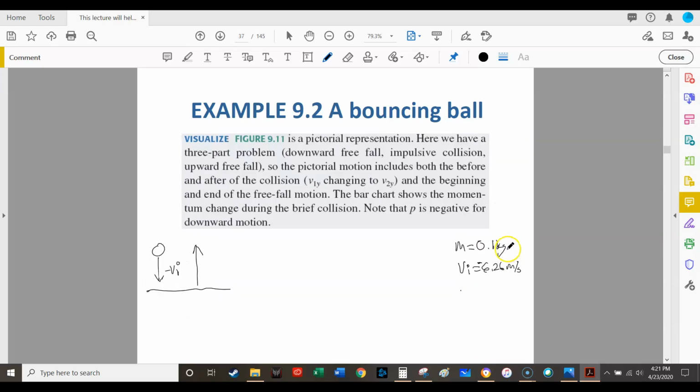The initial velocity is going to be negative, and that's what we found using the kinetic energy, potential energy. So now there's going to be a force upwards, which is then going to just be a J vector, right? Upwards. So we're going to be adding that, and that's going to turn into the ball bouncing on the ground. And now it's going to be moving upwards with a final velocity.